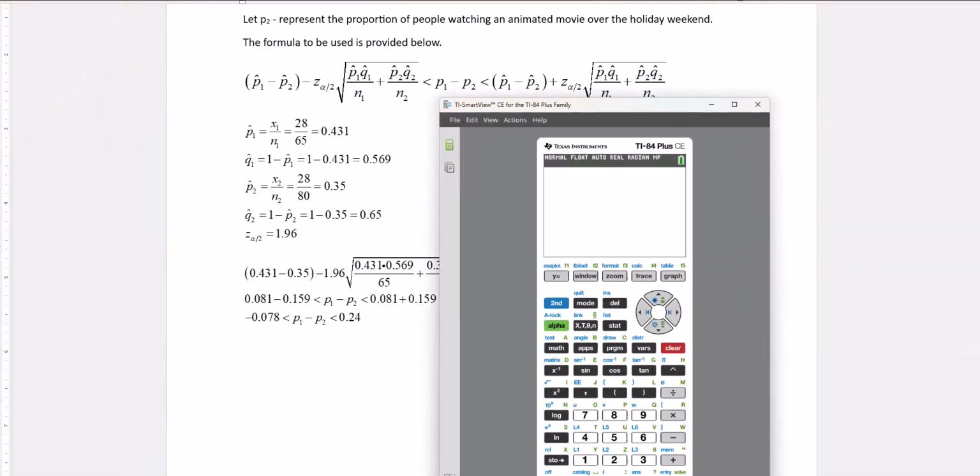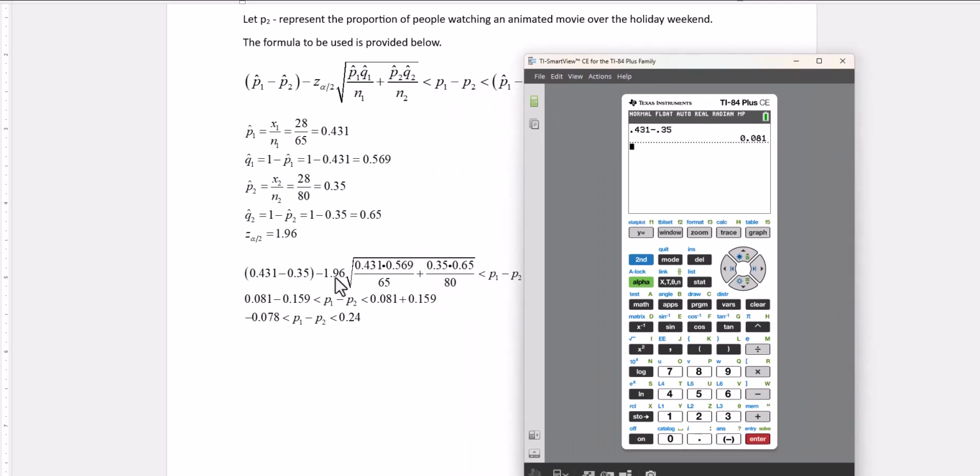Let's now go ahead and calculate these values. So we have 0.431 minus 0.35, that's 0.081. I'll go ahead and calculate this separately.